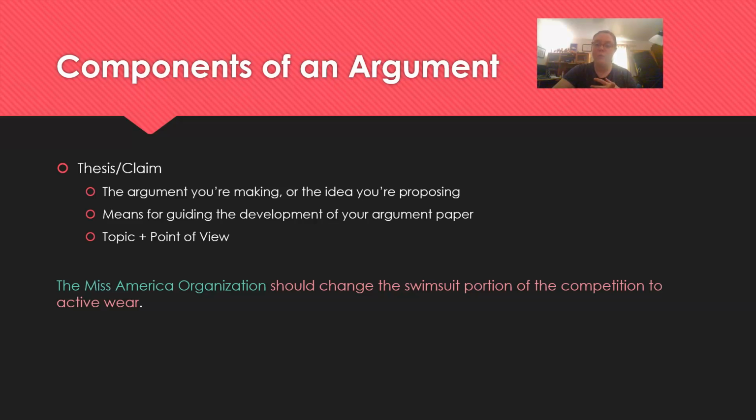When we compose this very central and important element of the argument, there's a fairly straightforward way to compose it that I think is especially effective for academic writing, and that is the topic plus point of view structure. When we use the topic plus point of view structure, we are telling our readers, okay, here is the topic that I'm focusing on, and here is the specific take I am proposing on it.